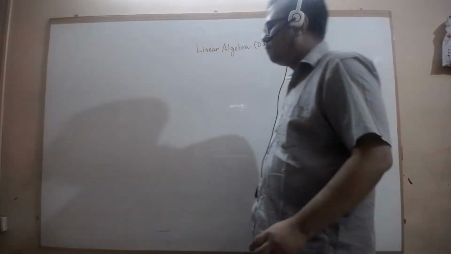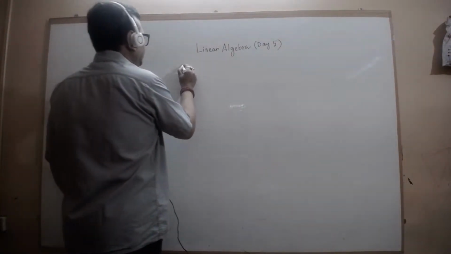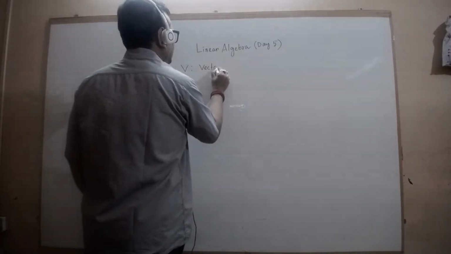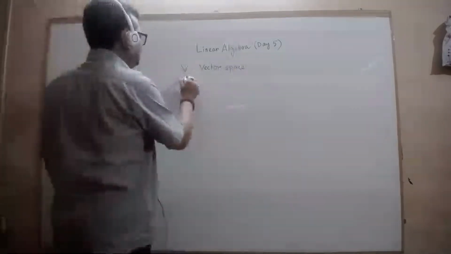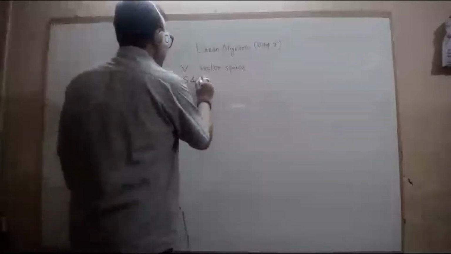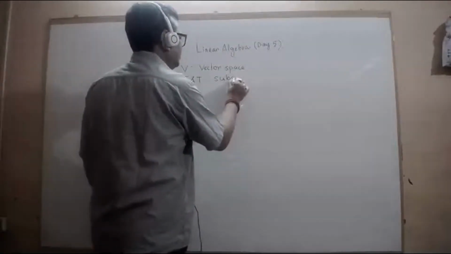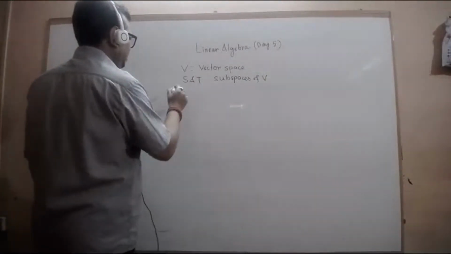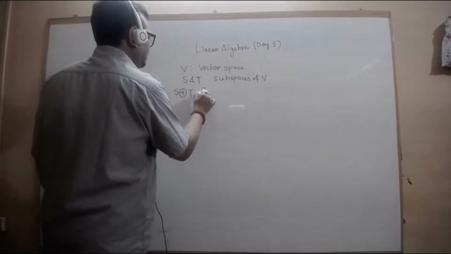So, V is a vector space, S and T both are subspaces of V. I have already defined in my previous class S plus T, that is the direct sum, which is a vector space.